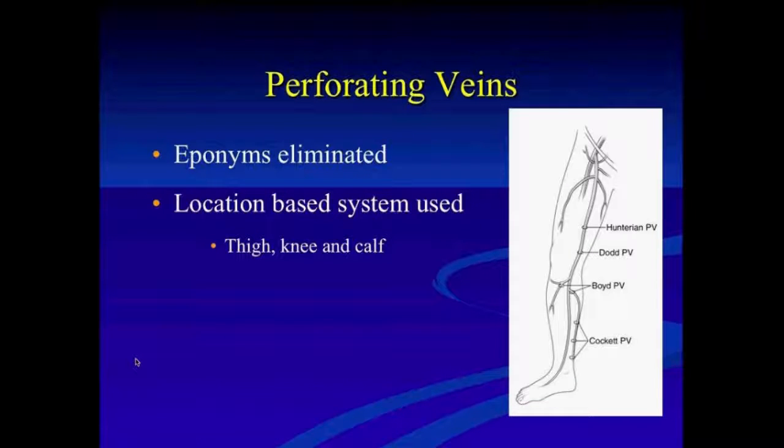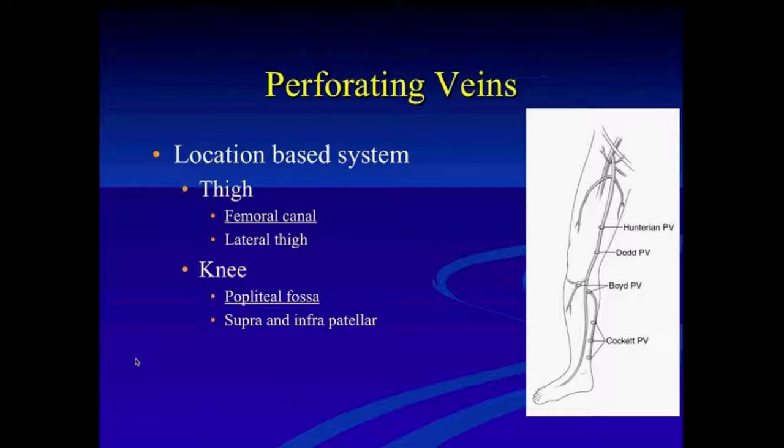Perforating veins are important veins that communicate between the deep and the superficial veins, and technically are part of the deep system. We used to refer to them by the eponyms that were very common and seen on these diagrams, but we try to get away from those now and use topographically or location-based nomenclature that identifies the names of the perforating veins.